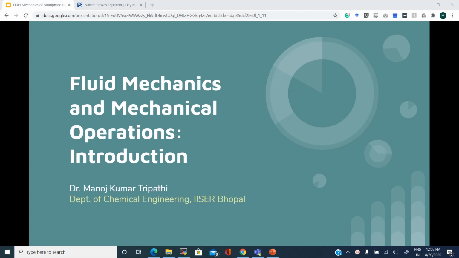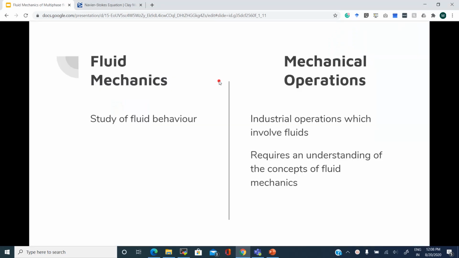Hello everyone. So this is the introduction to fluid mechanics and mechanical operations. We have two things here, fluid mechanics and mechanical operations. Fluid mechanics, as you can guess, is the study of fluid behavior. So we have some theory, a little bit of experiments and numerical simulations maybe.